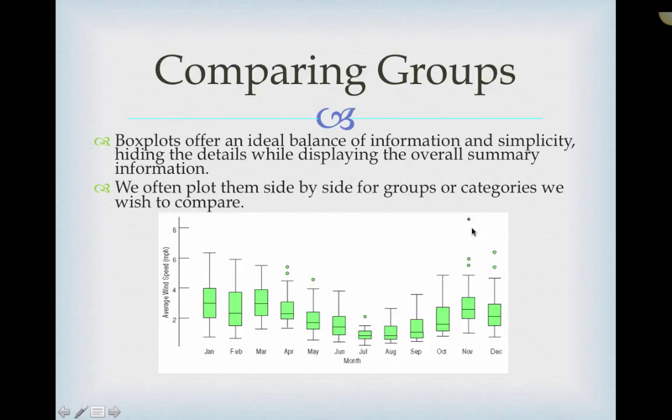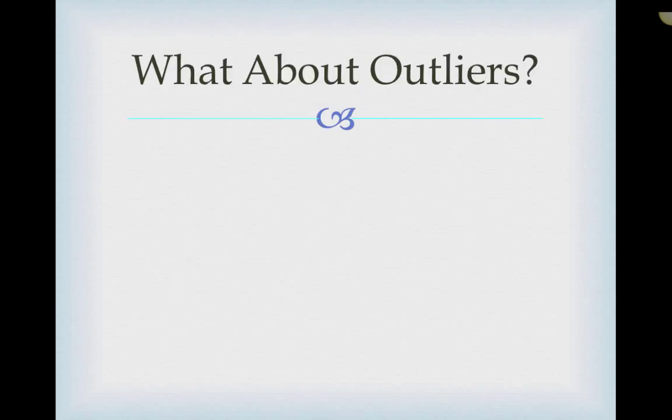We can also see that in the fall months and winter months, we tend to have more outliers, or larger outliers, I should say, than in the spring and summer months. So again, keeping them side by side, it is easier to compare them.